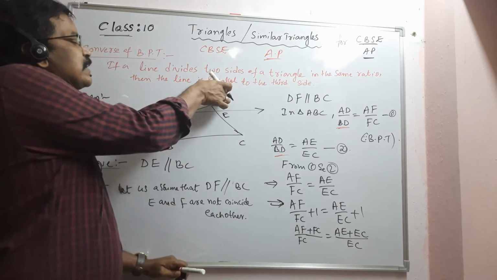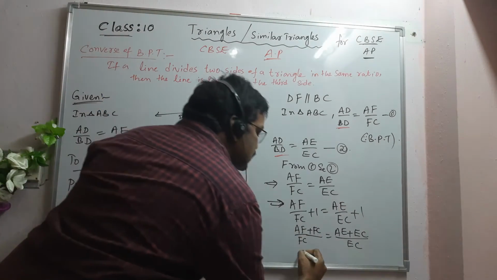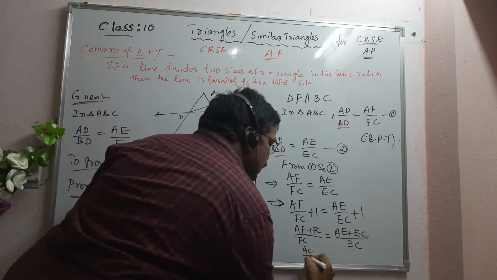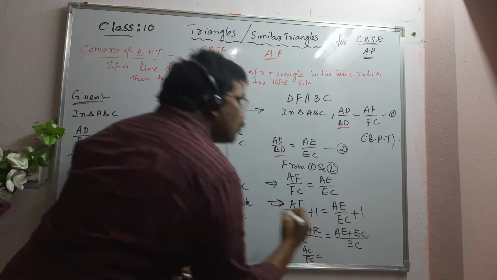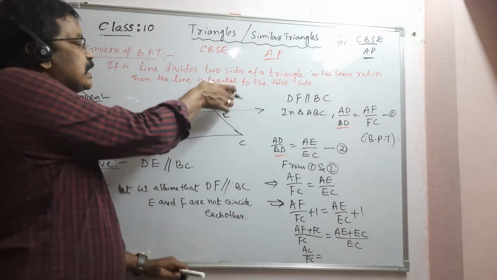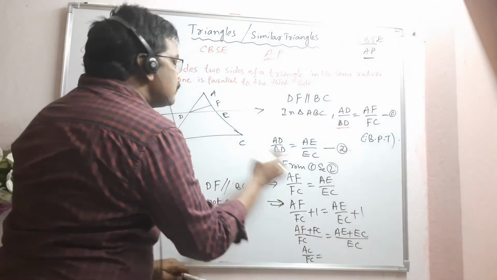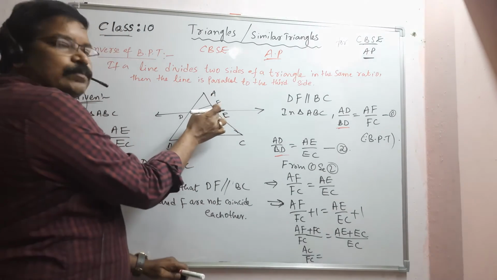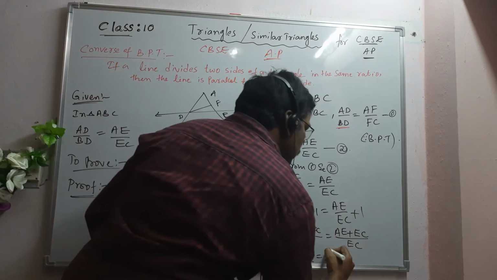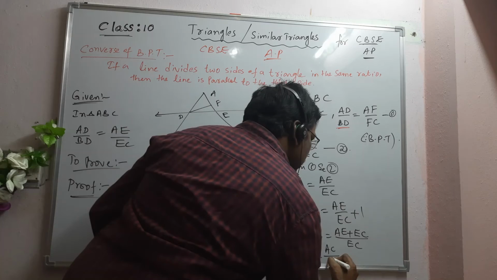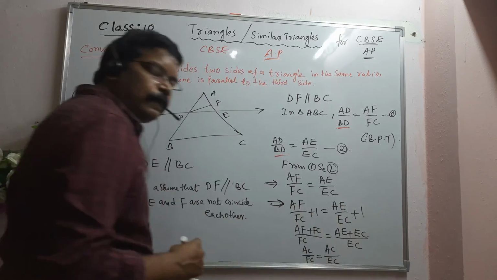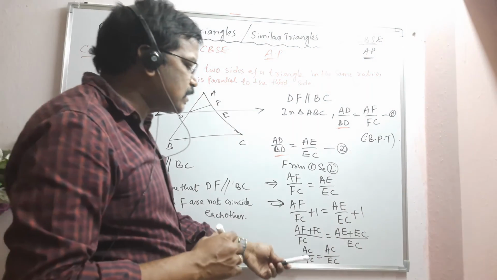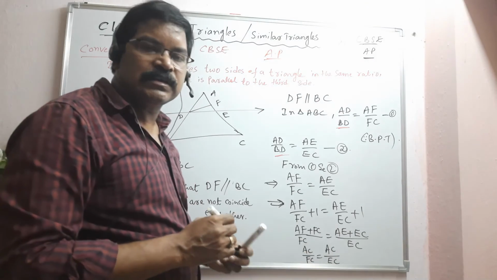Right. What is AF plus FC? That is AC by FC is equal to, what is AE plus EC? AE plus EC is also equal to AC. So AC by FC is equal to AC by EC.